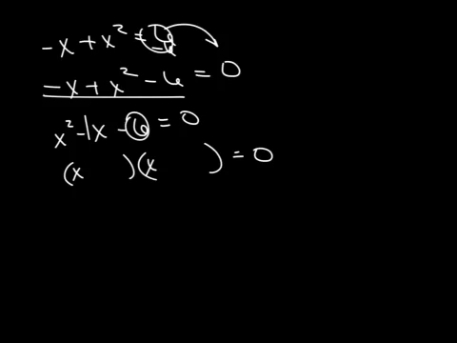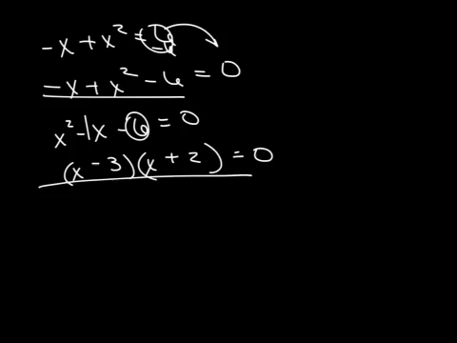And in this case, it's going to be a 3 and a 2, because 3 times 2 is 6, and the difference between 3 and 2 is 1, but I need to get a negative 6 when I multiply and a negative 1 when I add. So if I do this, negative 3 times 2 is negative 6, negative 3 plus 2 is a negative 1. So that ends up being my factored form.